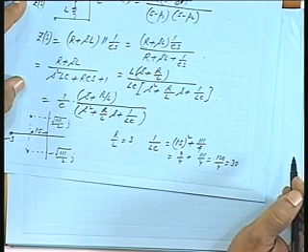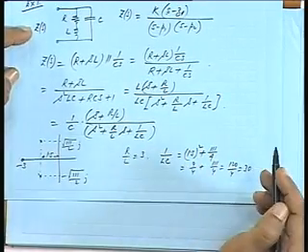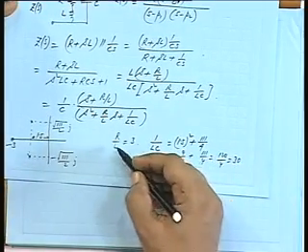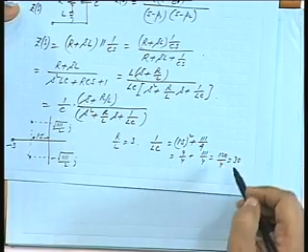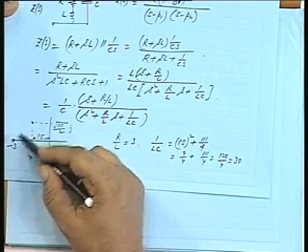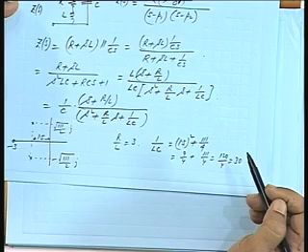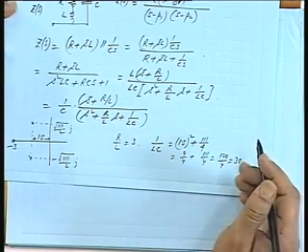Can you find out anything else? Can you find out C? I have got two relations, R by L is equal to 3, 1 by LC is equal to 30. Can you find out the third one? How many poles and zeros are there? 3. Is it not? I have got only 3 values.